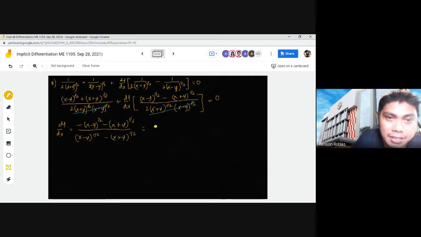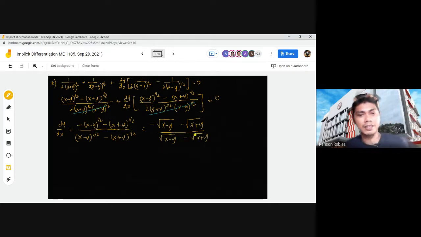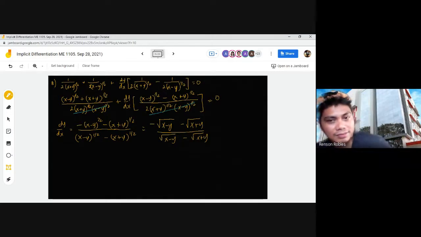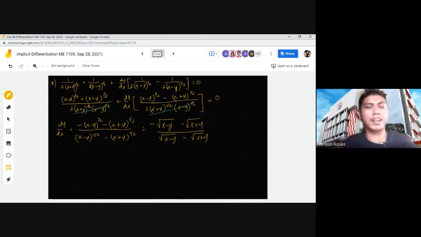Or you can write this as minus the square root of x minus y, minus the square root of x plus y, all over the square root of x minus y minus the square root of x plus y. All right. Okay? Yan. You can stop there kasi you can no longer do anything. Pwedeng ito or pwedeng ito.